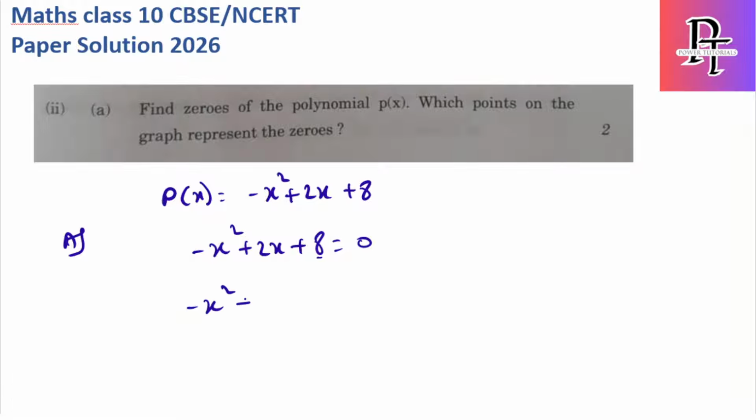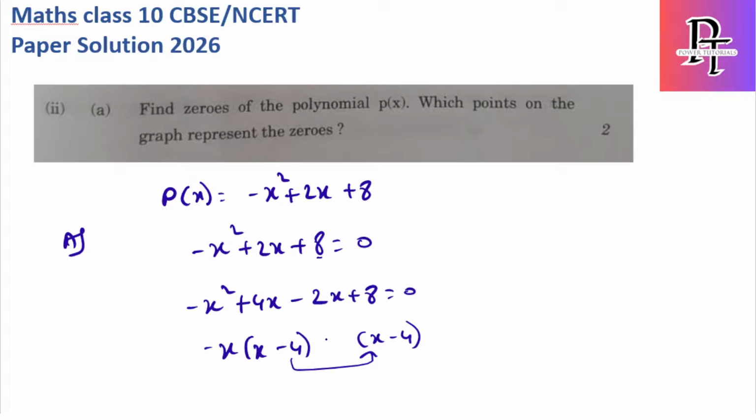So plus 4x minus 2x plus 8 is equal to 0. Take minus x as common, you will get x minus 4. The trick, if you remember my previous videos, I'll definitely write first x minus 4, then I'll see what is remaining. Minus 2 is equal to 0. So I will get minus x minus 2 into x minus 4.